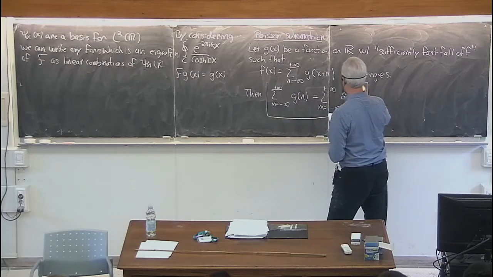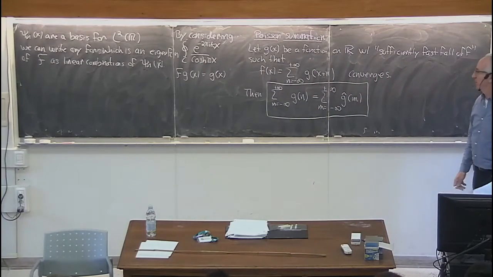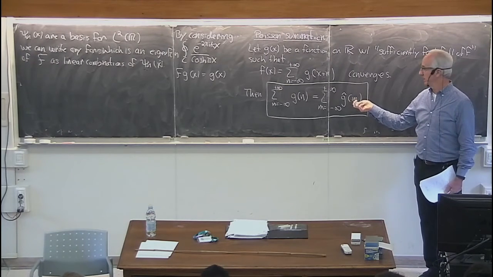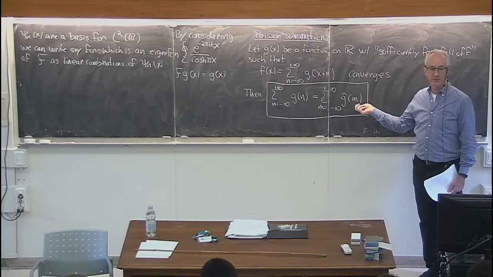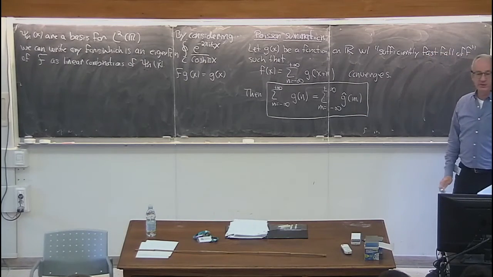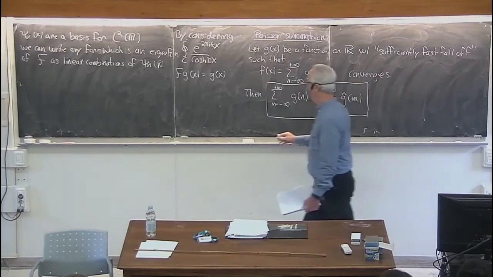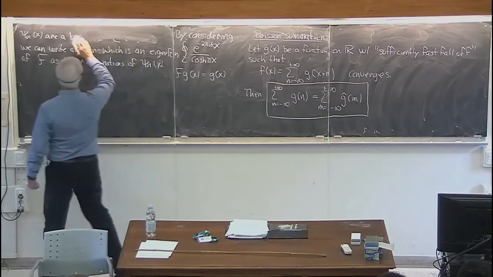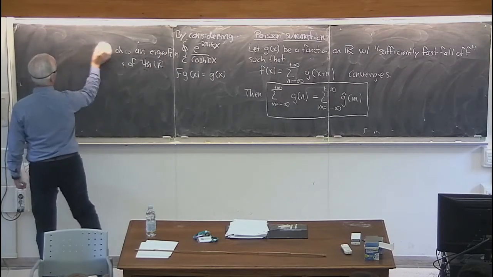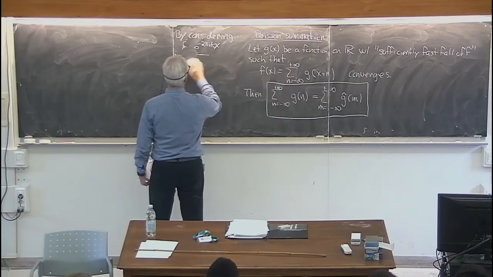And this formula is the statement of Poisson summation: that a sum of a function at integer points is equal to the sum of its Fourier transform at integer points, provided that the function g falls off sufficiently fast that this sum converges. And the proof of this is really not difficult at all, so I'll show you how it works. And we are going to use this many times in what follows.